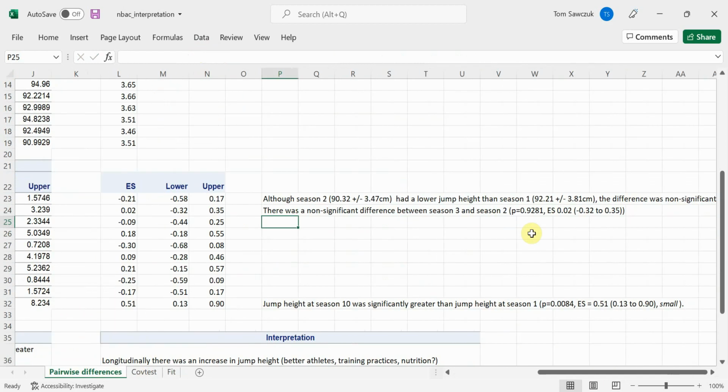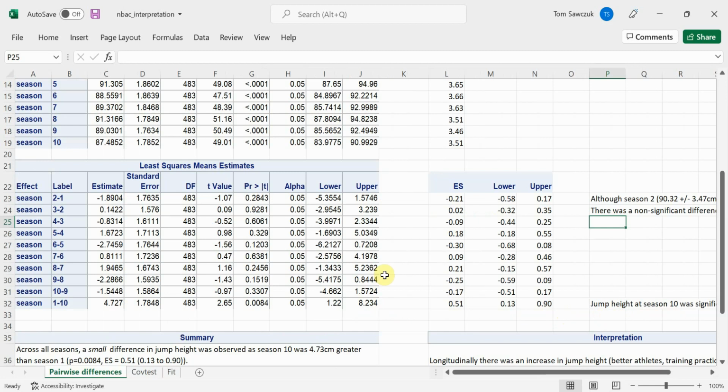So we could call that jump height season 10 was significantly greater than jump height season 1. We have a p-value, we put our effect sizes in, and using the effect sizes suggested by Will Hopkins, that is a small effect size. Using Cohen's effect sizes, I think he had 0.5 as moderate, so you could put moderate there if those were the effect sizes you were using.